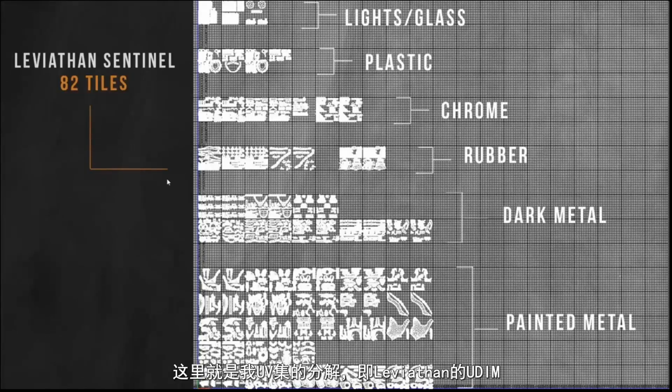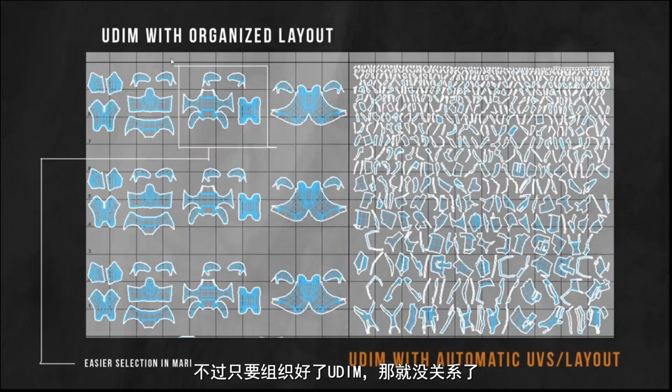This is just a breakdown of my UV set, my UDIMs for Leviathan. That's how I broke it down into materials. A lot of people ask me if this is the final layout, if I ever change this. I mean, especially in production, this changes a lot, which is fine. But as long as you have organized UDIMs, it's easy enough for you to select them.